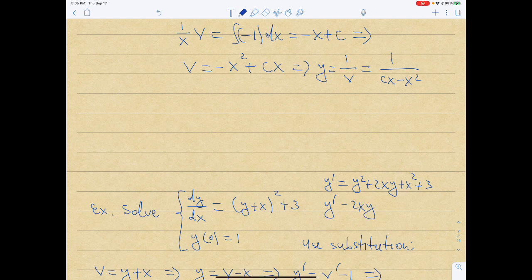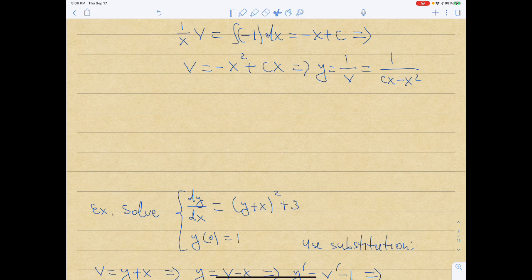Y prime minus 2xy is now y squared plus x squared plus 3. So this part, the right hand side equal to y squared, looks like Bernoulli's equation, but then you're adding something else. So at the end, this is not Bernoulli's because it's in a different form.